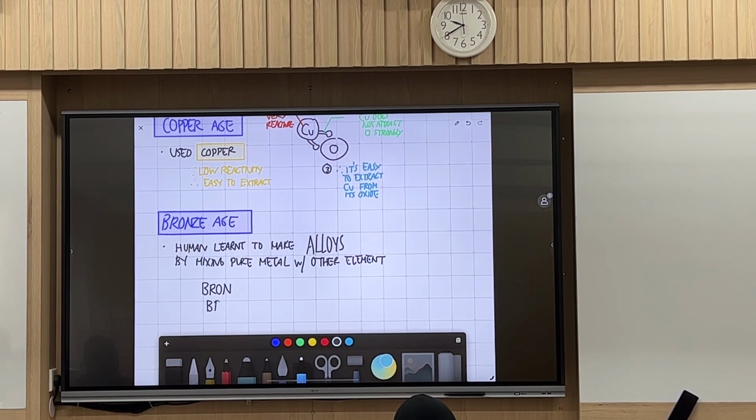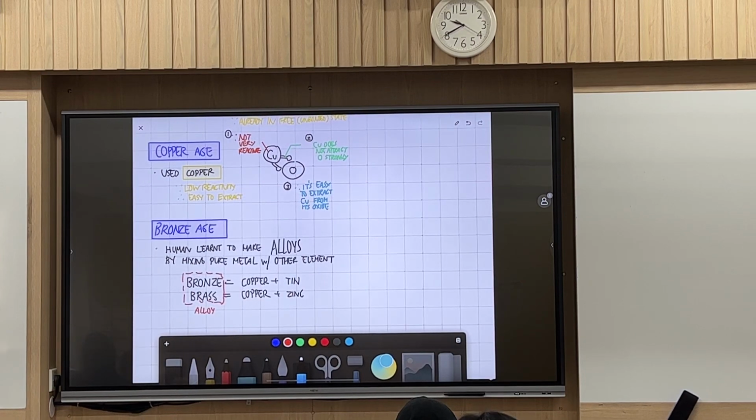One that is made from copper and zinc is brass. Okay, so just put this down. We have copper and tin for bronze. Copper plus zinc is brass. But both of these have one thing in common. They are alloys. And humans only learned to make alloys in pretty recent times.